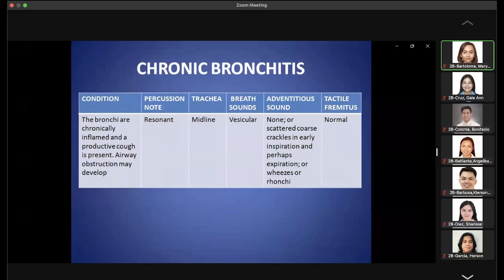For chronic bronchitis, where there are chronically inflamed bronchi and the airways are obstructed, you may find scattered coarse crackles in early inspiration, but the rest of the findings are normal, since the pathology in chronic bronchitis is in the airways.